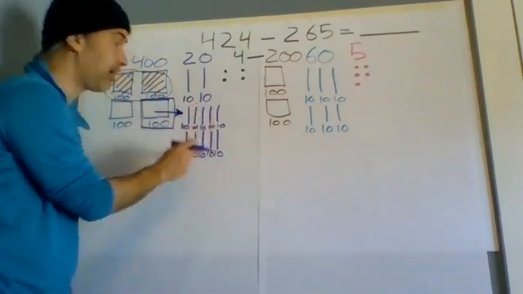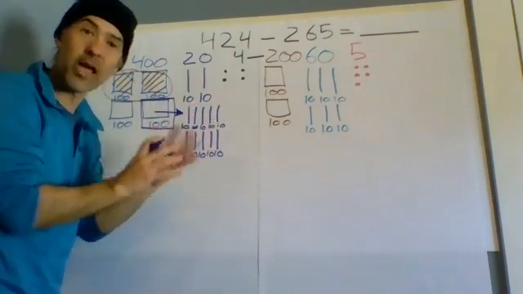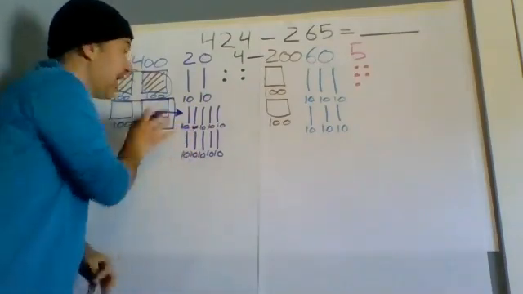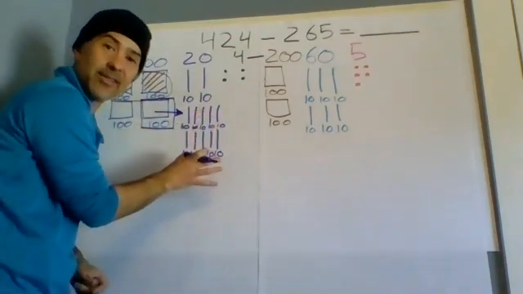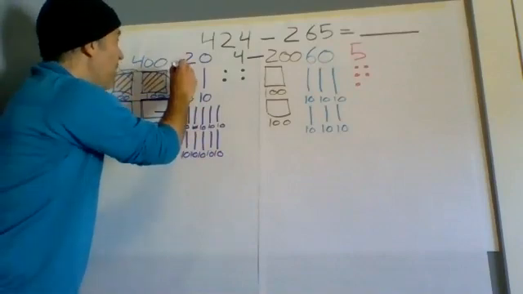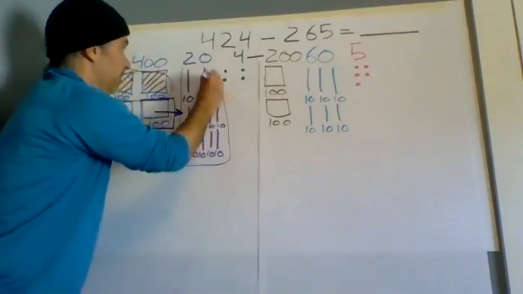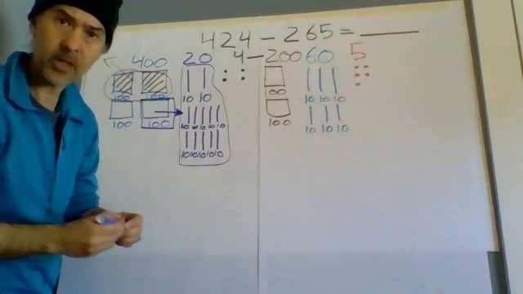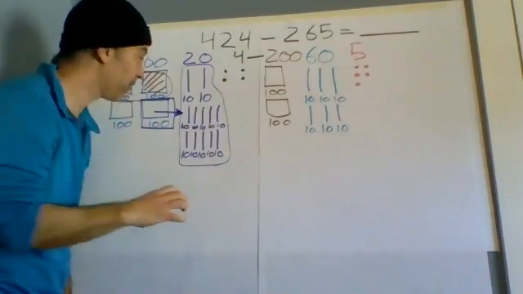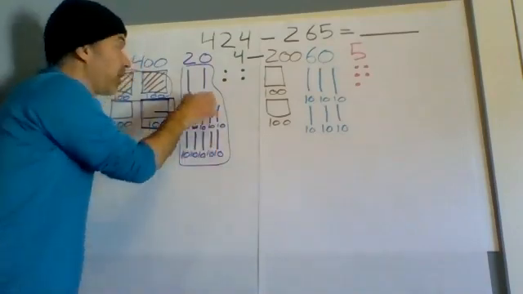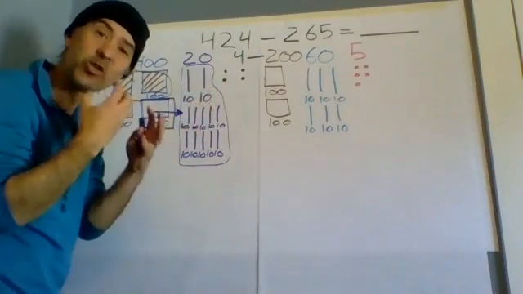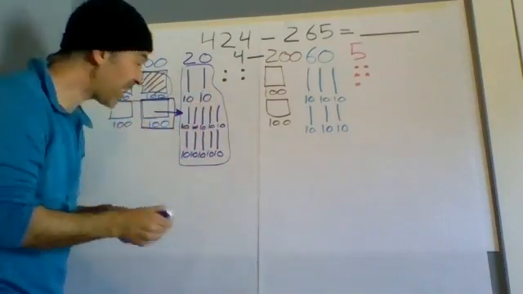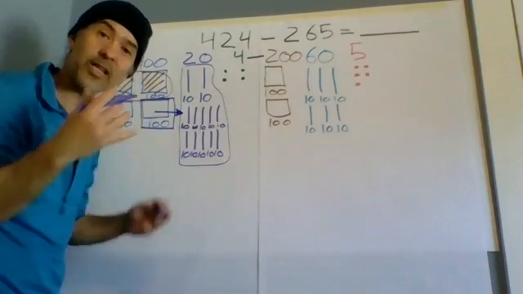Ten groups of 10 make 100. So all I've done is I've regrouped my 100, turned it into 10 tens. Now, how many tens do I have? Well, I have 10 plus 2 more tens gives me 12 tens, which is the same as 120.